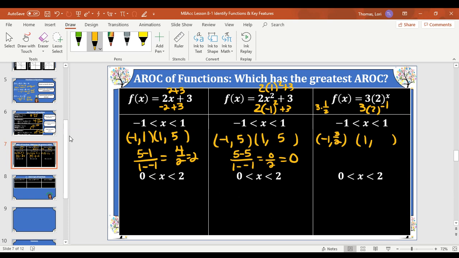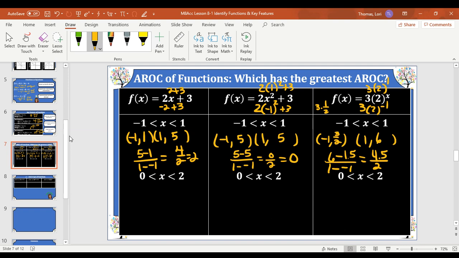Now we're going to plug in 1. So 2 to the 1 is 2, times 3 is 6. So we're going to say 6 minus, we can go ahead and just convert that to 1/2. And then we're going to have 1 minus negative 1. So 6 minus 1/2, if that was just 1, it would be 5. But we have another half, so 4.5 over 2.